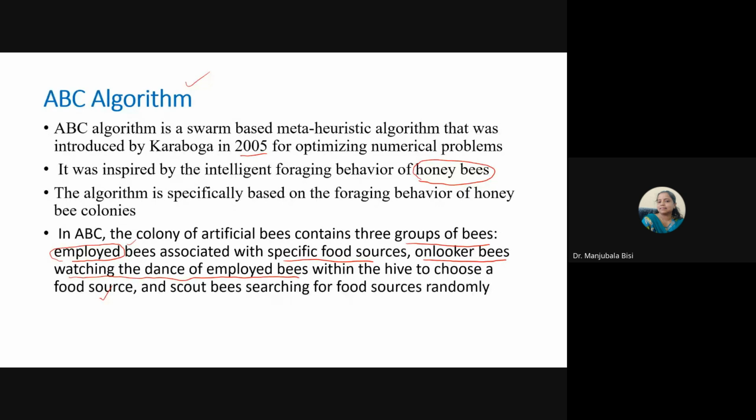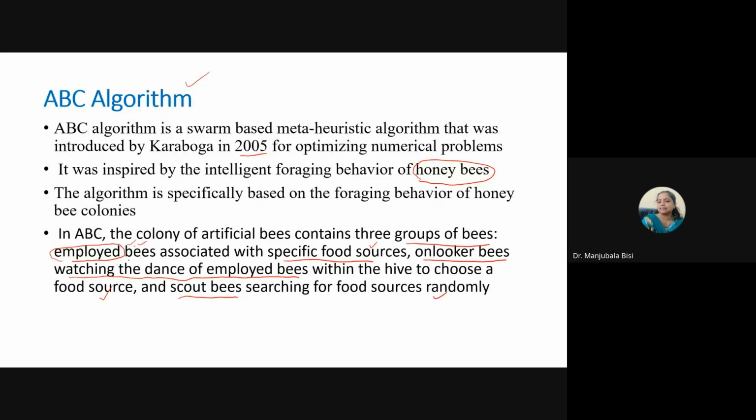Then the third type of bees are called scout bees. They will try to source the food sources randomly. Onlooker bees are dependent on the employed bees with a specific food source. They will watch the behavior of the employed bees, and they will try to collect nectar or honey from the food sources. Whereas the scout bees will try to collect the honey from the food sources randomly.